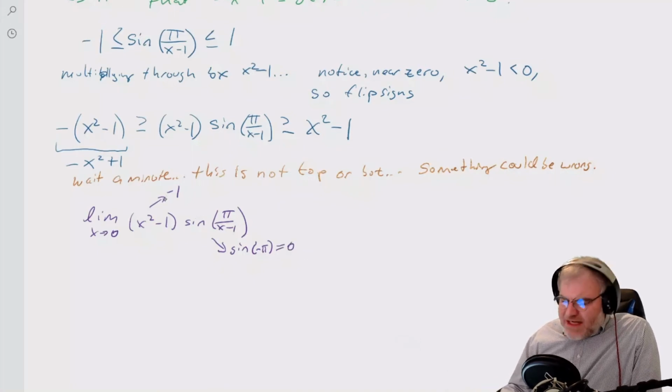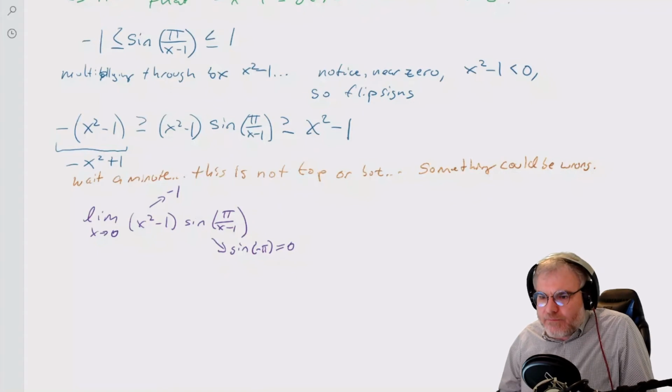Is negative 1 times 0 a problem? Is that a bad number?